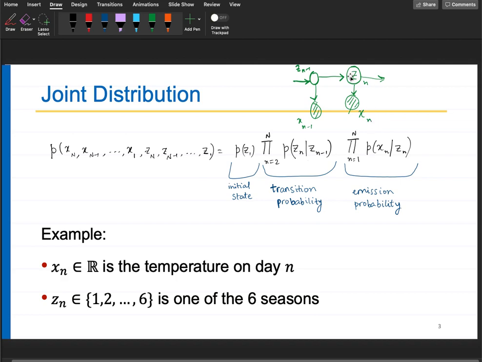But since you are given Z2, Z1 and X1 won't play a role, so you can give that up, and that term is also here. Then you go to the next, Z3. Z3 given everything in the past will depend only on Z2. So that term is also here, Z3 given Z2. And then X3 given everything will be dependent only on Z3. That term is also here, and you can keep going. Using the product rule and the independence properties, you can derive this.